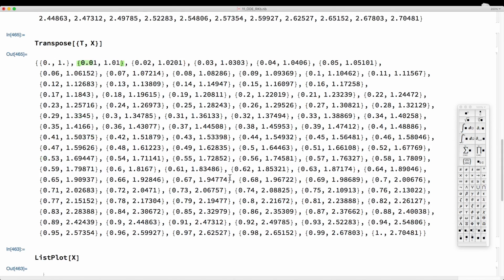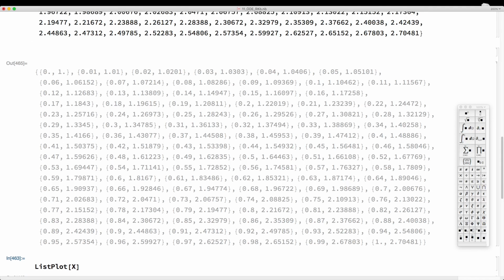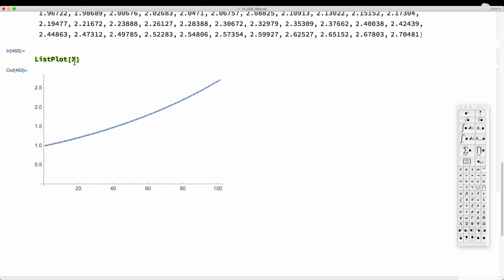So now I can put that into a list plot. So let me delete it from here and put it in here. And now this axis stayed the same. We have the values of x, but this axis now has the values of t, which goes from 0 to 1.